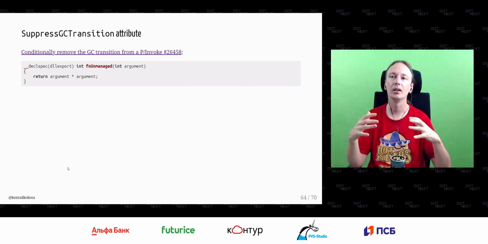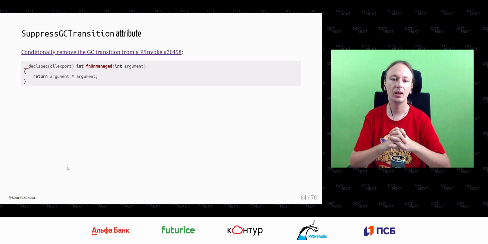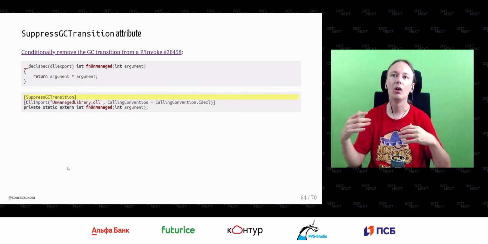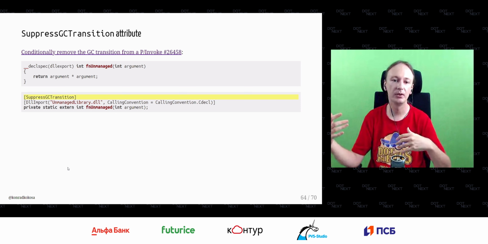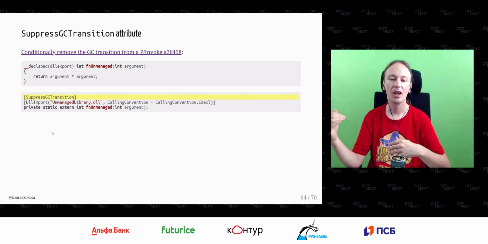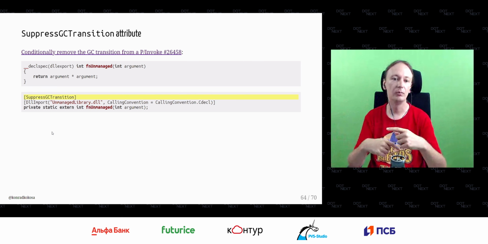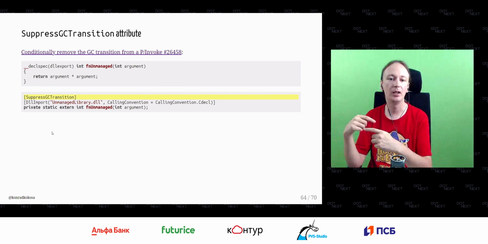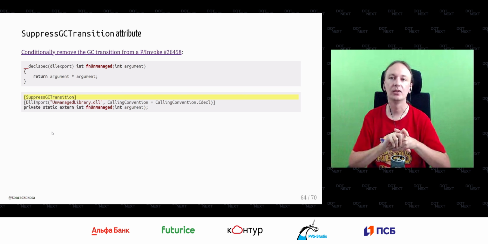So when you have some unmanaged method and you want to call it by importing from C# with the help of P/Invoke, you can set this attribute saying suppress this GC transition, and from now on we will not have this GC switch, which makes this P/Invoke really faster. There is no overhead of handling this scenario.